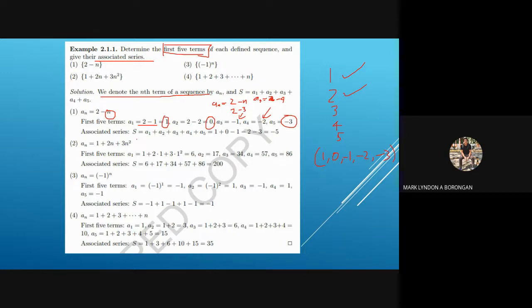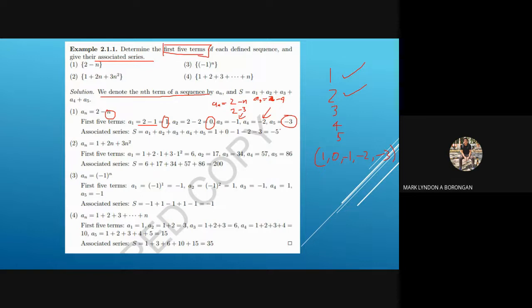That will become S is equal to A sub 1 plus A sub 2 plus A sub 3 plus A sub 4 plus A sub 5, which is equal to 1 plus 0, add that too, minus 1, minus 2, minus 3, which is just equal to negative 5. So that is how we get our first 5 terms and also our associated series.